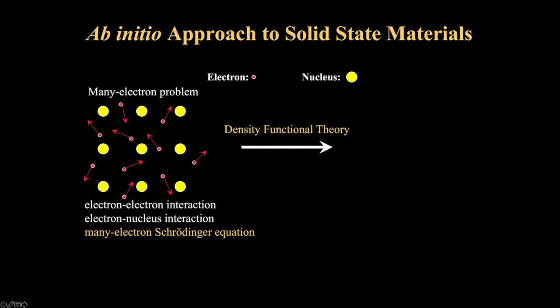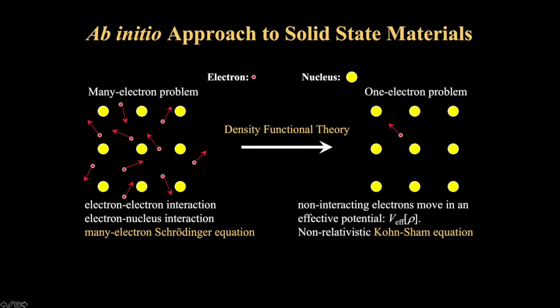So the best tool we have now is called density functional theory, which allows us to convert the problem into a one-electron problem, where the many-electron problem becomes one electron moving in an effective field. The effective field takes care of the quantum mechanical effect of all the other electrons.